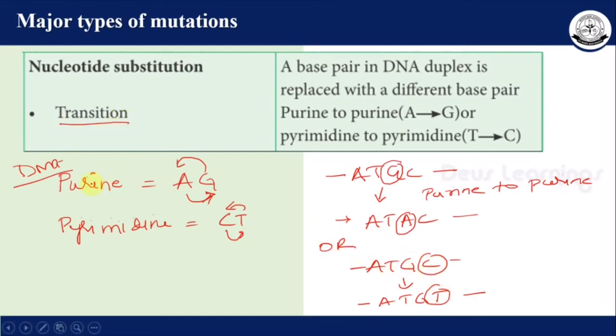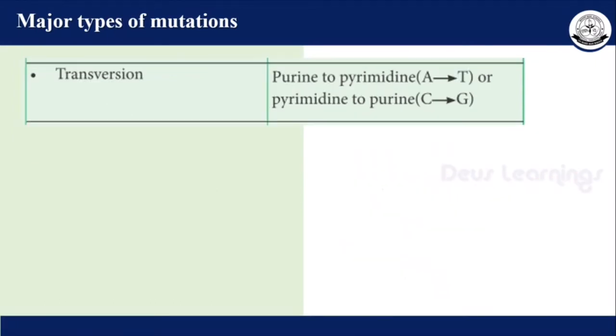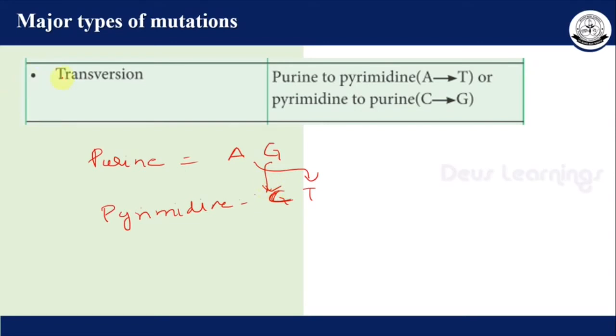Okay, let's see next. Next is transversion. In transversion, purine is replaced by pyrimidine, or pyrimidine is replaced by purine, right? Purine again is A and G, and pyrimidine is C and T. So if A is replaced by T or G is replaced by C, we will say that as transversion.